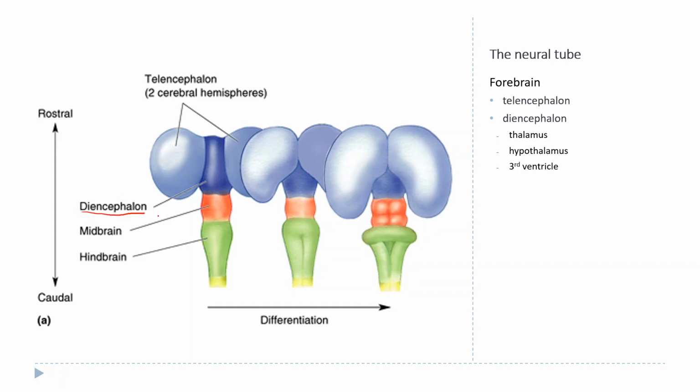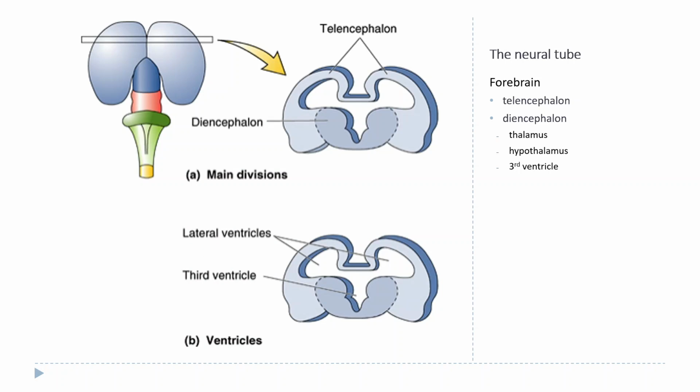And in fact, the word diencephalon just means the between brain, because that's where it is. It sits between the two much larger telencephalic vesicles, and they're eventually covered up. So as the telencephalon grows, the diencephalon becomes pretty much covered up by the telencephalon.